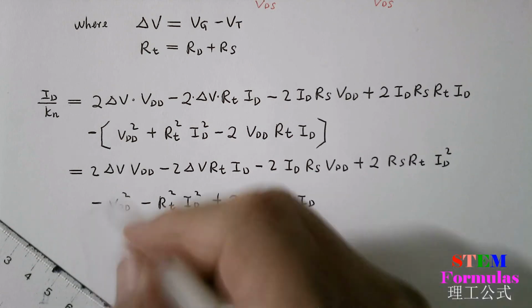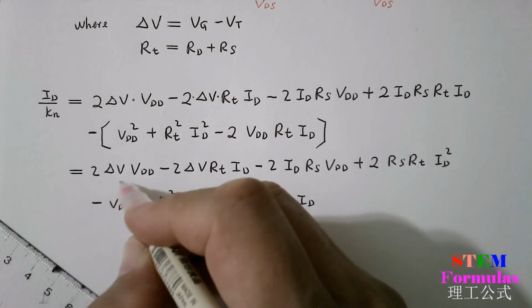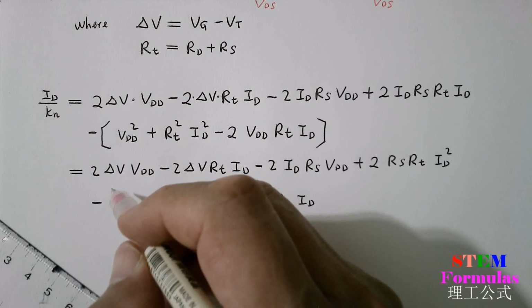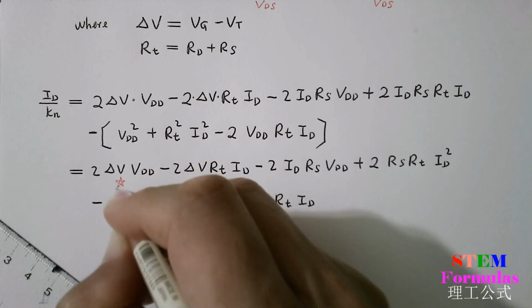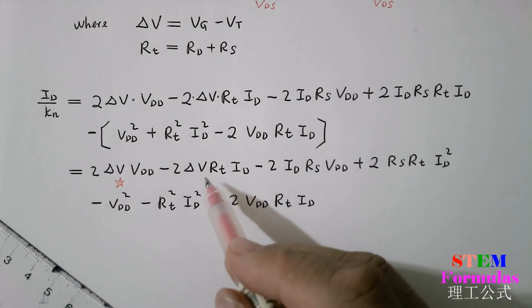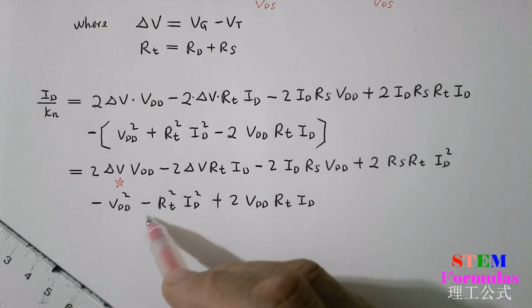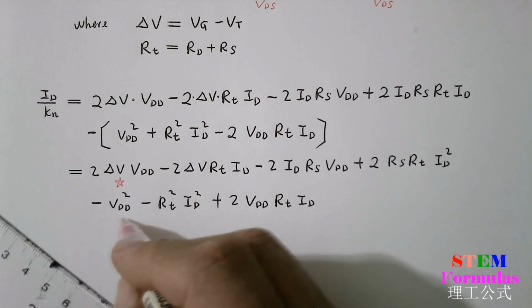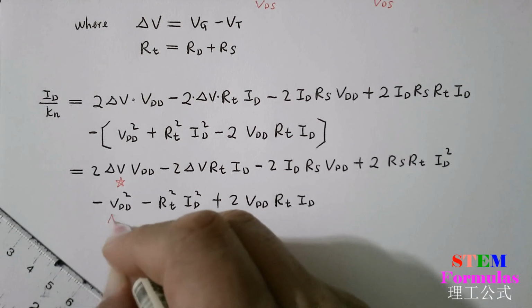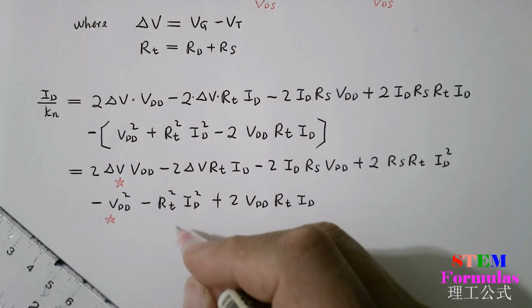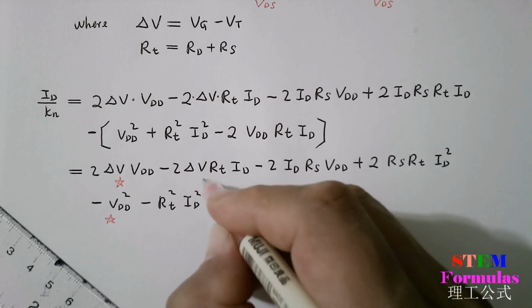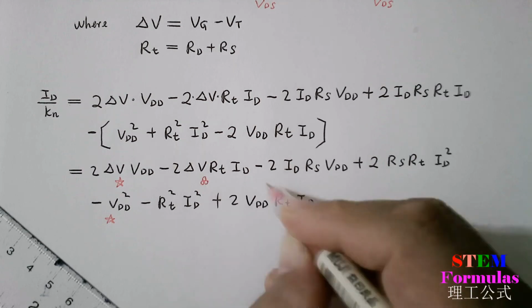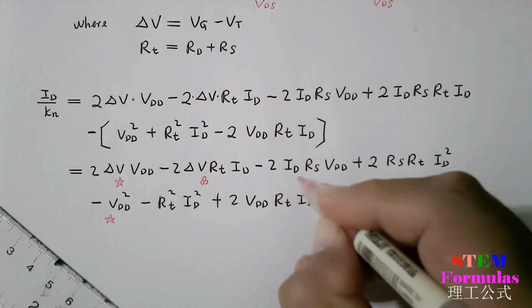So I want to combine the like terms. For example, the first term has no ID, I write down this symbol. This one also I write down this symbol, star. This term I write down this symbol, and this term, this symbol.